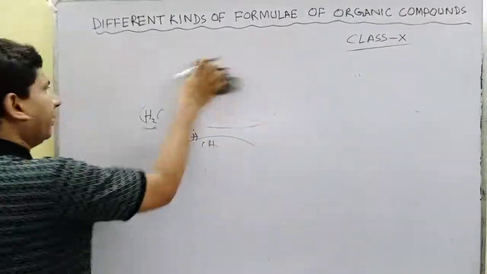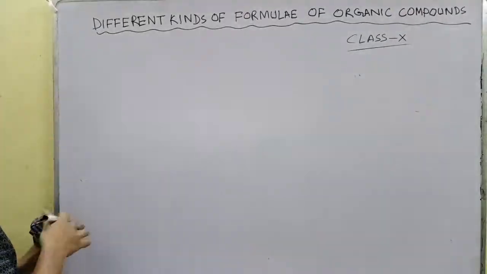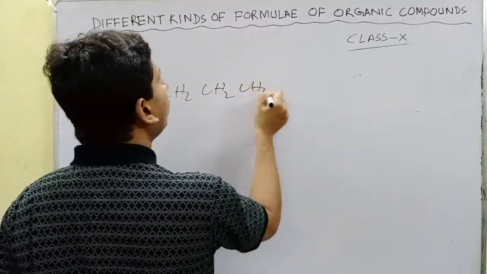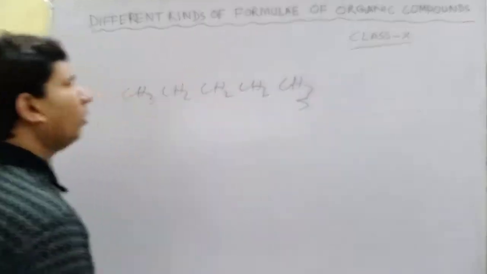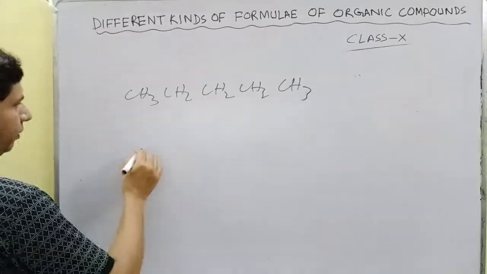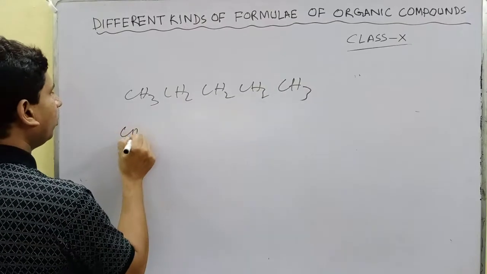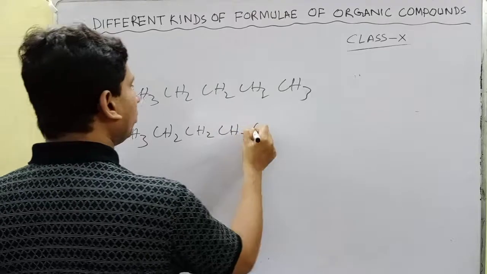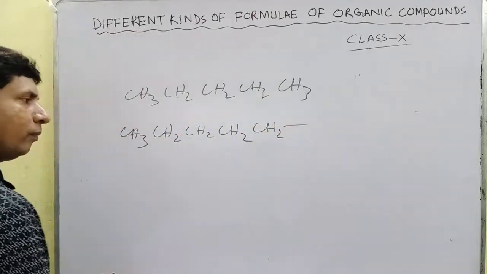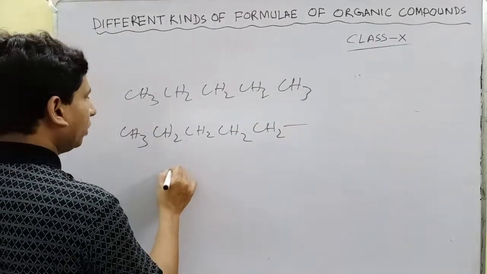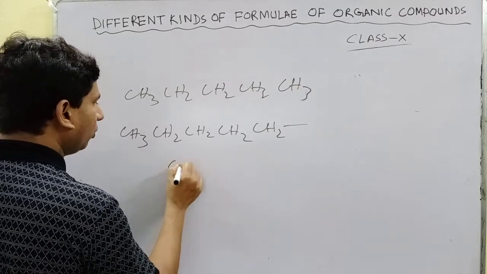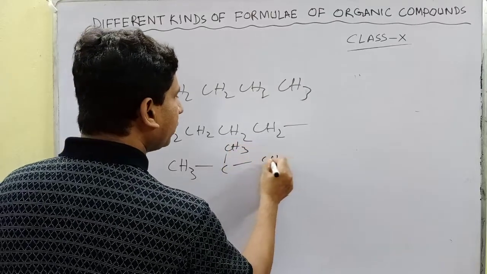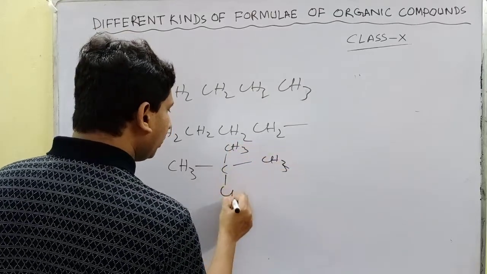Now from pentane, CH3 CH2 CH2 CH2 CH3, this is pentane. Then we can get the pentyl group. Then we can also write it in this way: CH3, C, CH3, CH3, CH2.